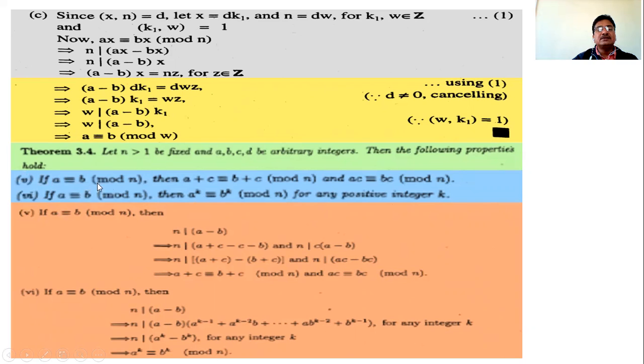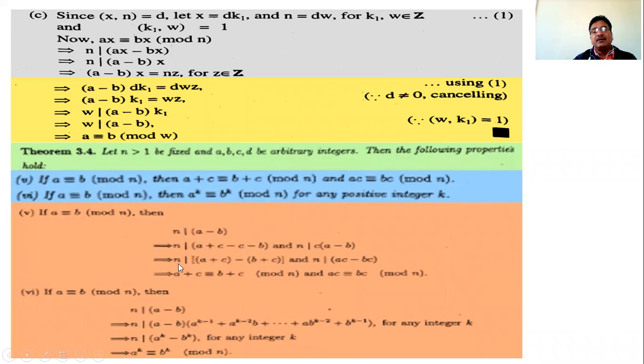What is given? a is congruent to b modulo n, and therefore n divides a minus b. So we have a minus b equal to n times some integer, right? Either this proof or another proof: add c, subtract c.